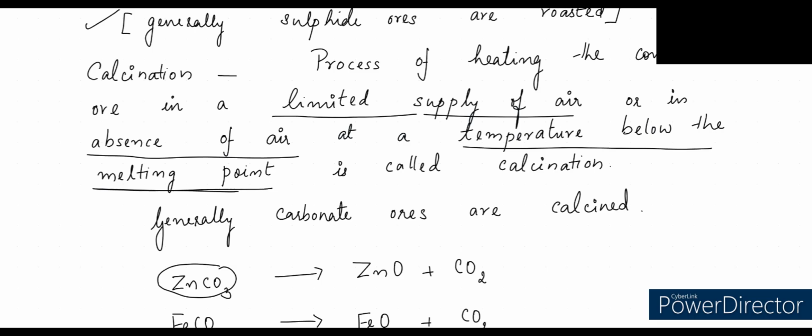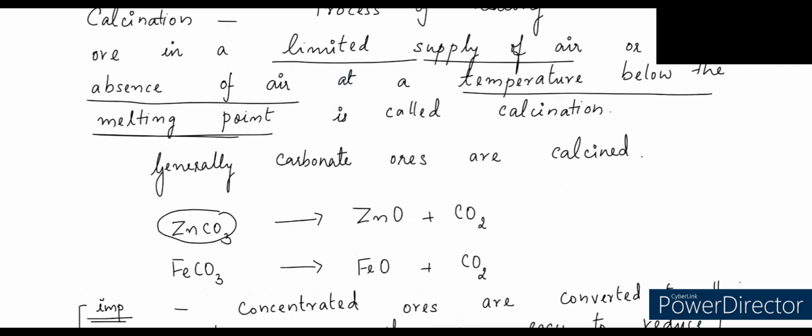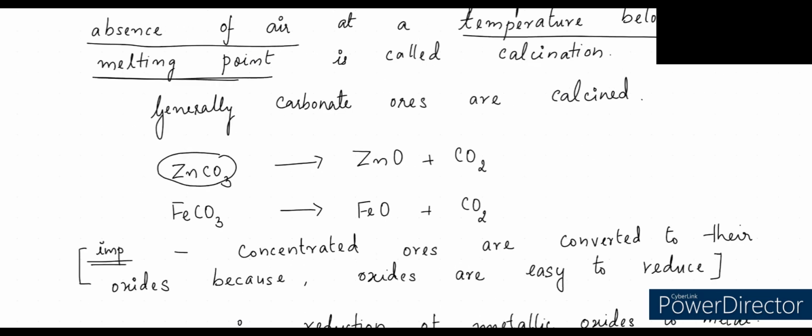That is calcination. Again, I have given two examples here, ZnCO3 and FeCO3, zinc carbonate and ferrous carbonate. Both on calcination give you ZnO and CO2 as well as FeO and CO2. CO2 is a gas which can be removed easily.